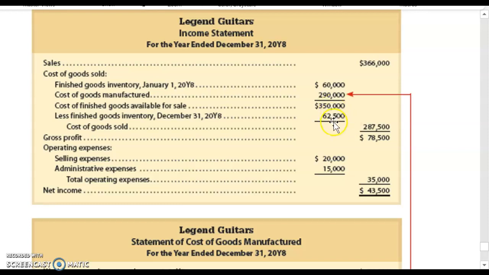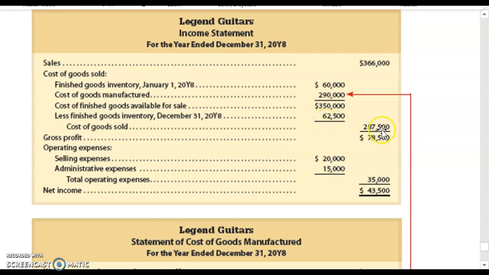Then you're going to subtract out ending finished goods inventory, the ending balance, and that's going to give you cost of goods sold. So when you're calculating cost of goods sold, you're looking at finished goods, starting with what's in there, adding the cost of any goods manufactured, and that's going to give you the dollar amount of cost of goods available for sale.